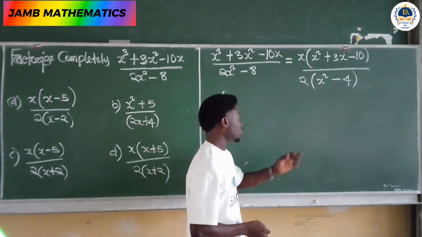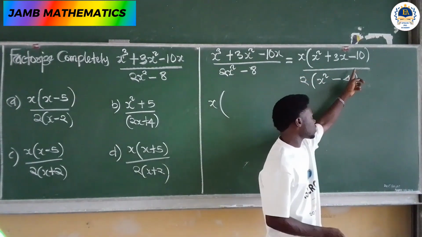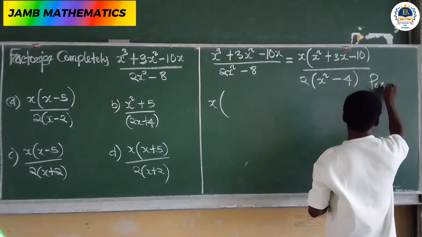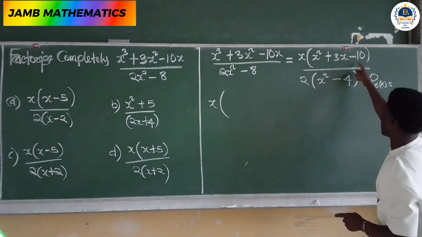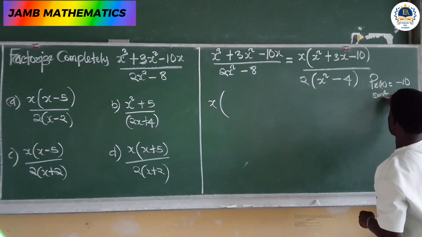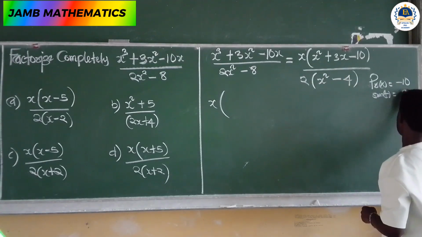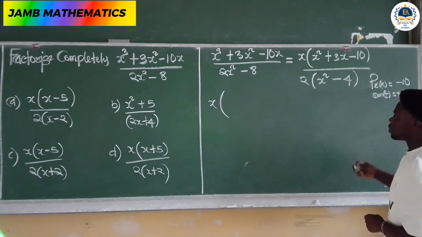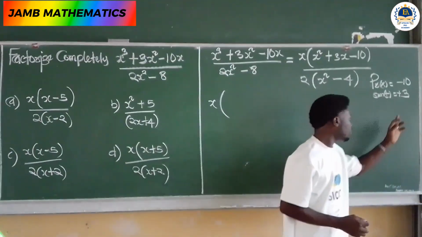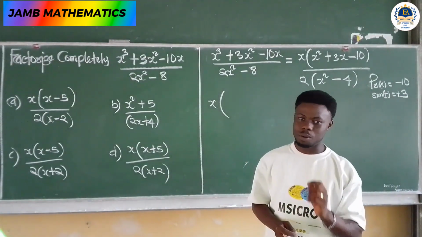So the product is: the coefficient of x squared is 1, so it is 1 times minus 10, which gives minus 10. Whereas the sum is the coefficient of the middle term, which is plus 3. So the next thing is to think of two numbers that, when multiplied, give minus 10, but when added together, give plus 3.